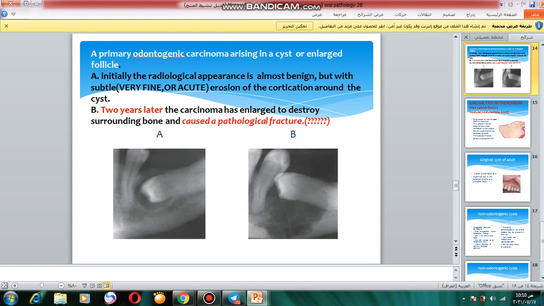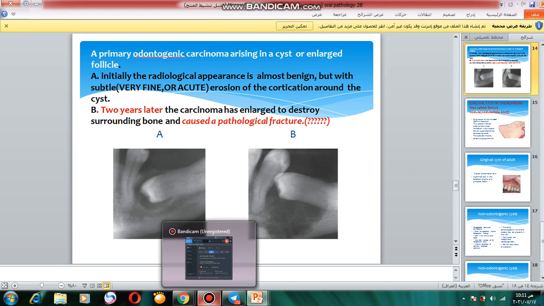When a healthy patient comes with a fracture of a strong bone after some small pressure, for example mastication, I should take into consideration that something inside this bone weakened it and caused a pathological fracture. That means there was a pathology inside the bone that caused this fracture.